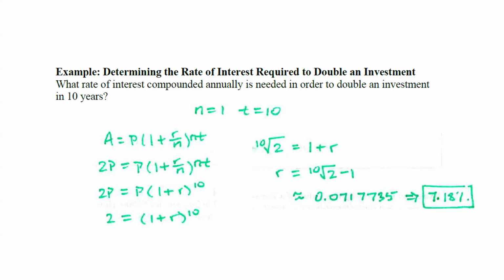Why does this work? We use the property that taking the nth root is the same as raising to the power of 1 divided by n. This undoes the exponent, allowing us to get to our interest rate r.